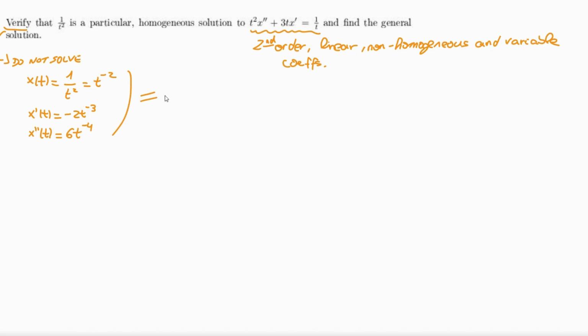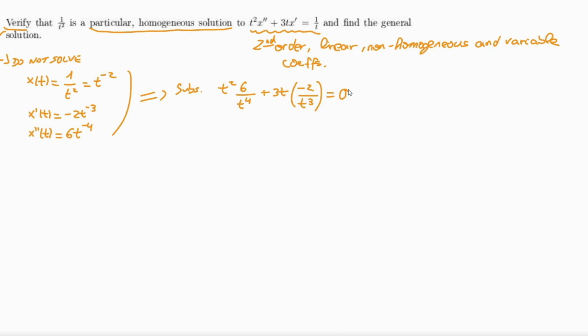So substitute in the differential equation, so t squared times x double prime, which is 6 over t to the power of 4, plus 3 times t, x prime, which is negative 2 over t cubed, equals, and important, we were told that 1 over t squared would be a particular homogeneous solution, so it must be a particular solution to the associated homogeneous differential equation.